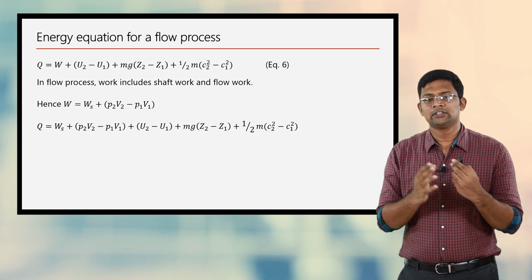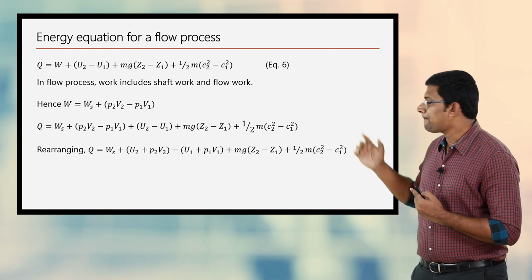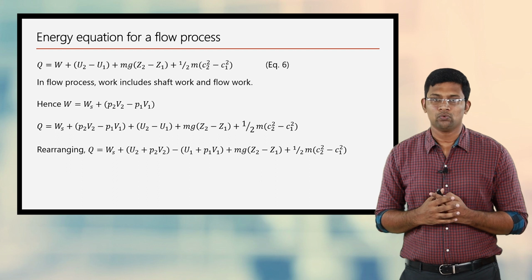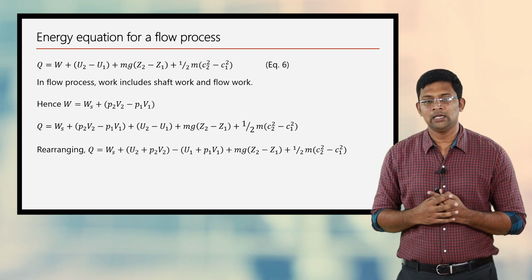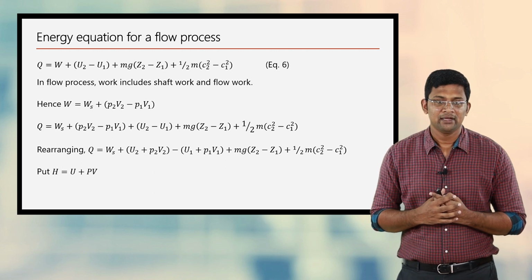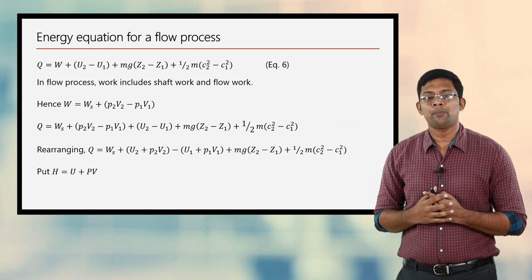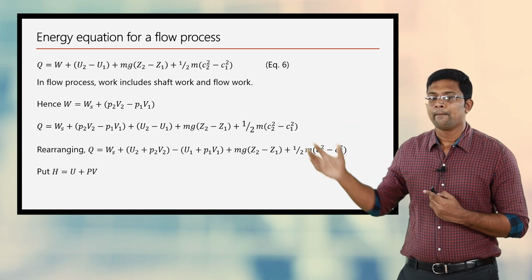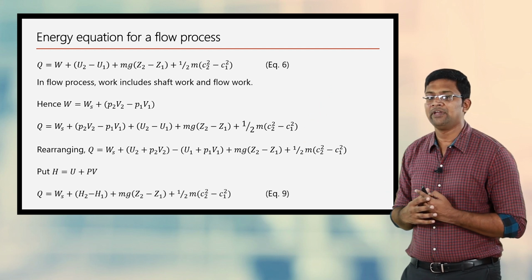Now you can rewrite this expression. I am clubbing the two terms P2V2 along with U2 and P1V1 along with U1. So why should I be doing that? You know the expression for enthalpy H is equal to U plus PV. So we can substitute the expression U2 plus P2V2 by H2, and you can substitute U1 plus P1V1 by H1.